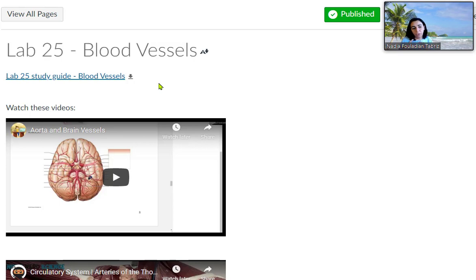Exceptions are mostly the vessels around the heart. The arteries that are coming out of the heart, like for example the aorta or pulmonary trunk, or the veins that are getting back into the heart, like the superior vena cava, inferior vena cava, and also the pulmonary veins, right? So these are unique. We don't have them next to each other.